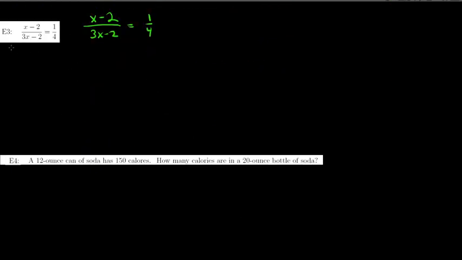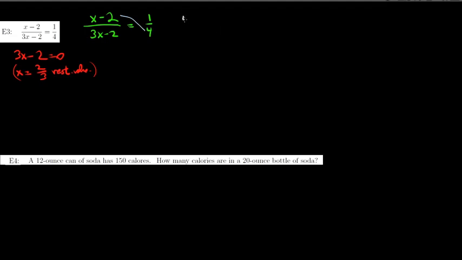Likewise here, we technically should find the restricted value. 3x minus 2 equals 0 gives us x equals 2/3, and that's our restricted value here. But I don't think that's going to matter here. So now what do we do? Cross multiply. We have a fraction on the left and a fraction on the right.